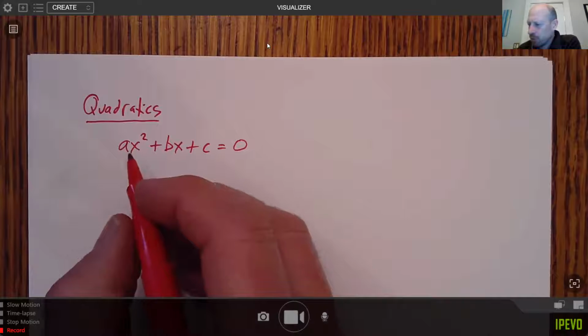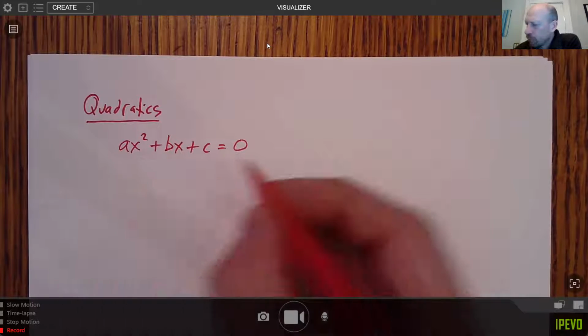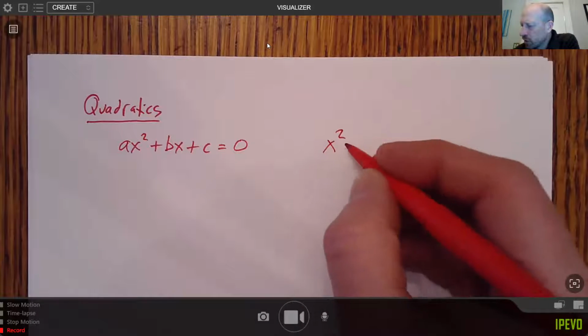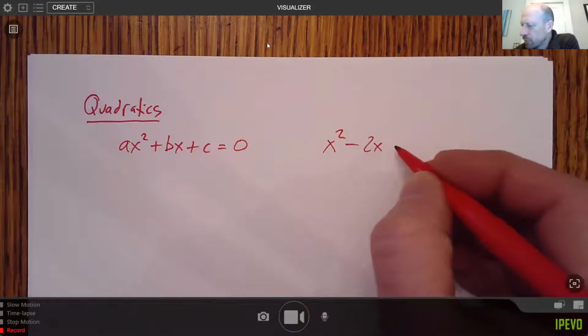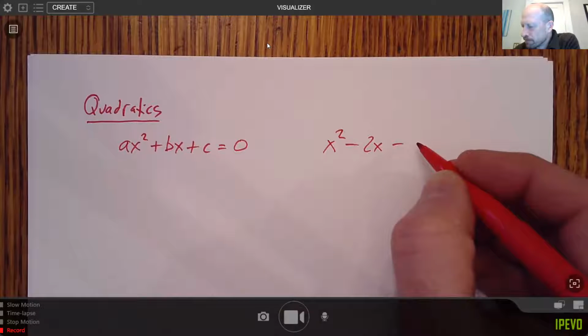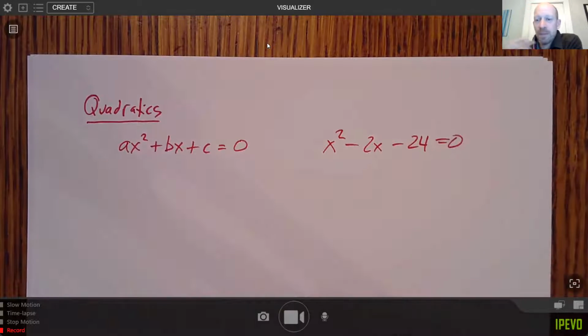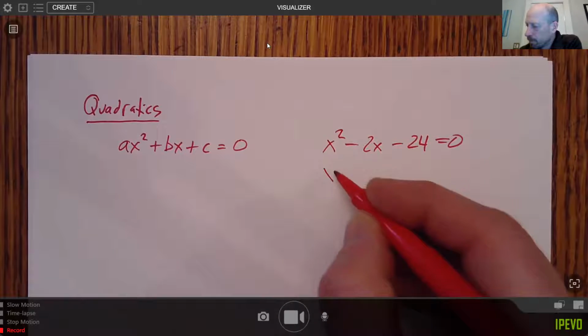We've seen quadratics before, but we only had a little narrow slice of how to solve them. For example, we've seen ones that look like x squared minus 2x minus 24 equals 0. That's a quadratic equation, and it's important that we remember that we solve this by factoring. When we have quadratics, we want to look at that and try to factor it.